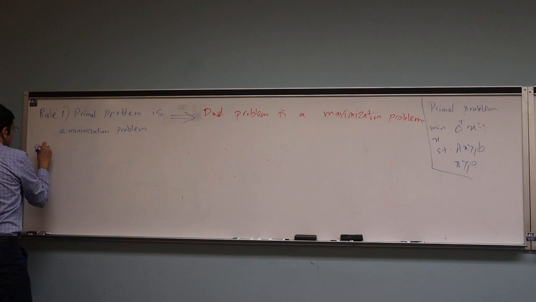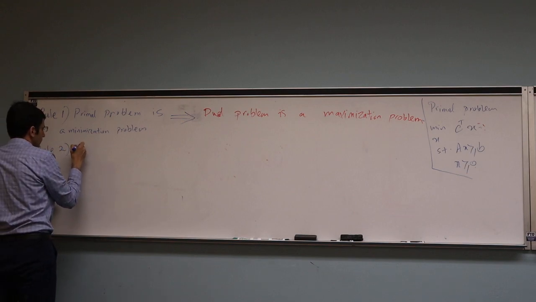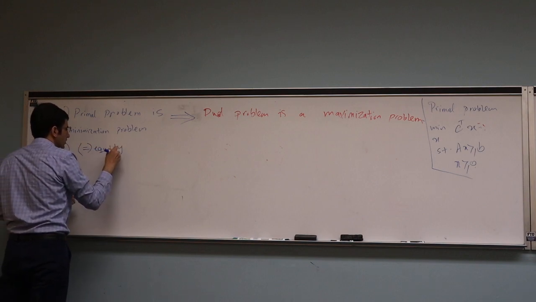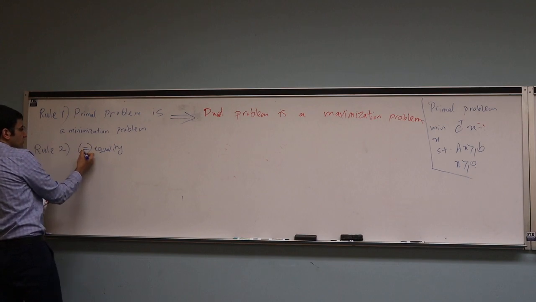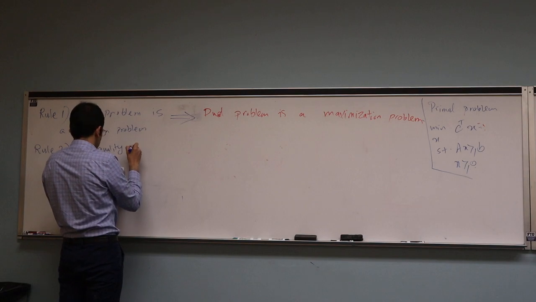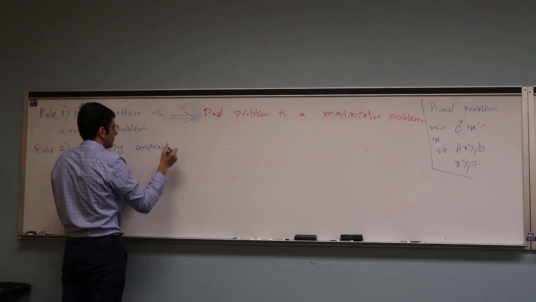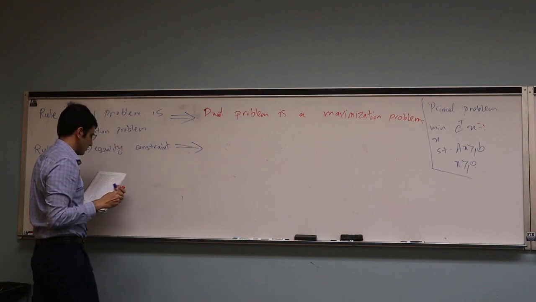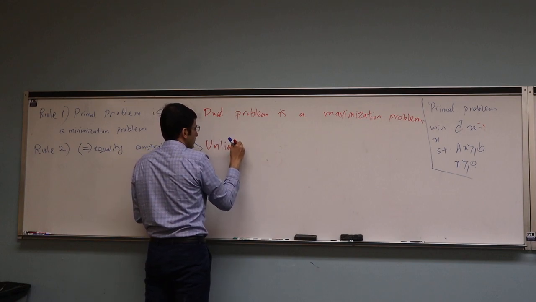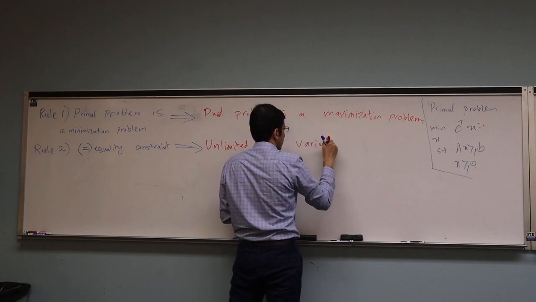Rule number 2. Equality. When I use this symbol, I refer to an equality constraint. An equality constraint gives an unlimited dual variable.